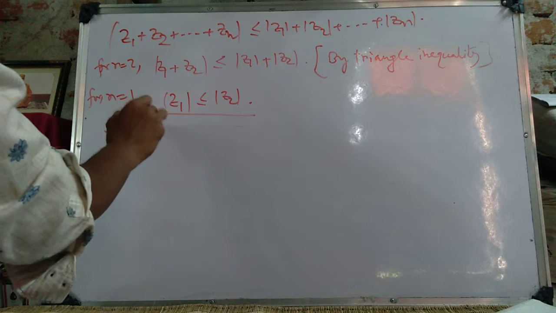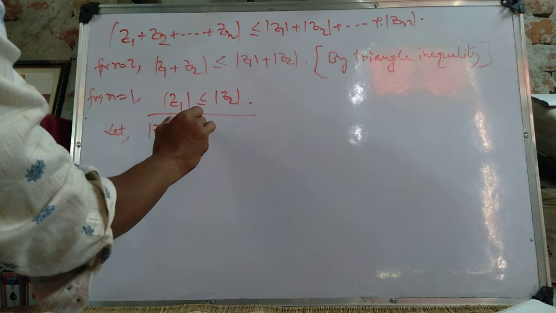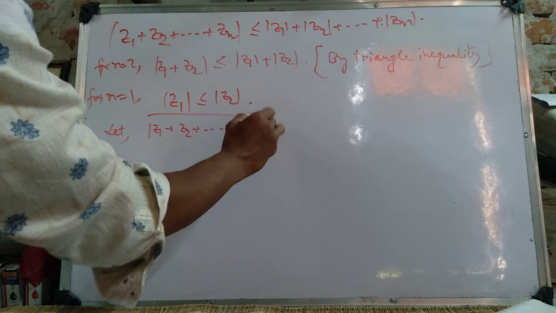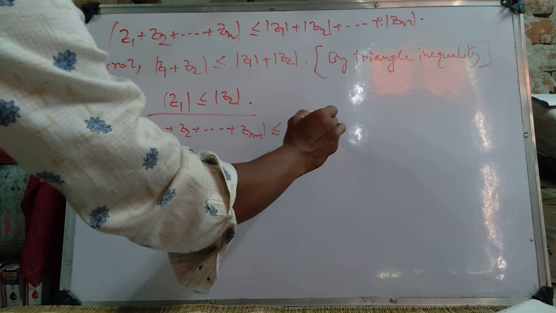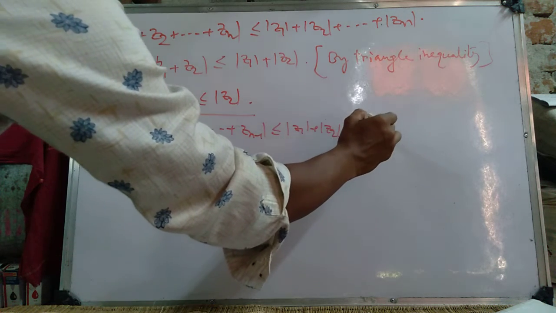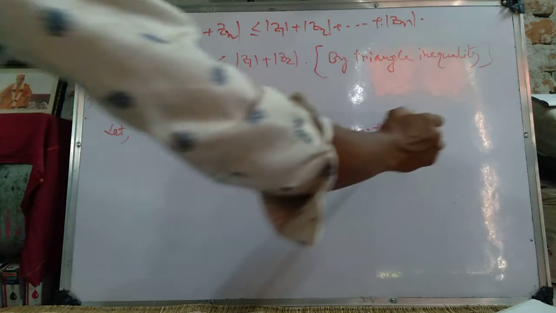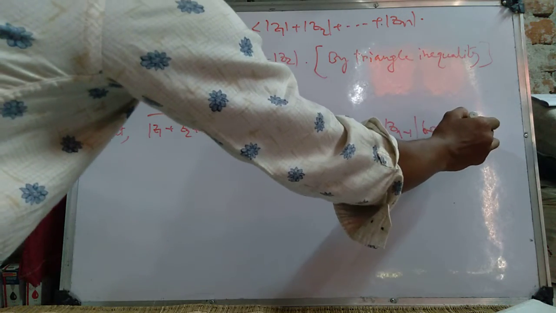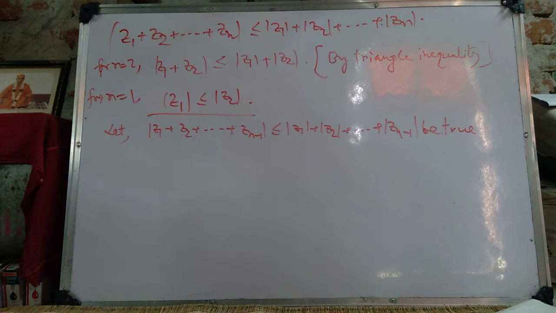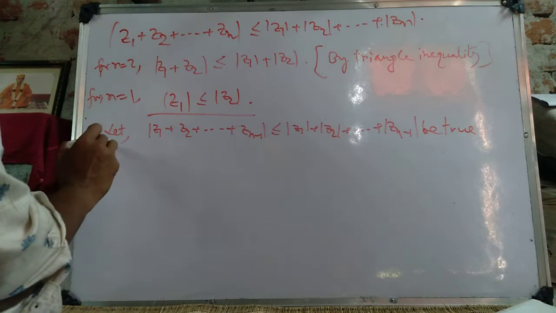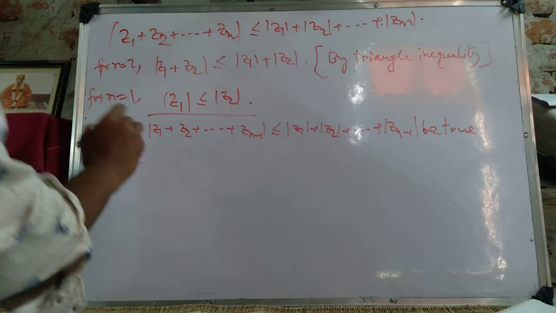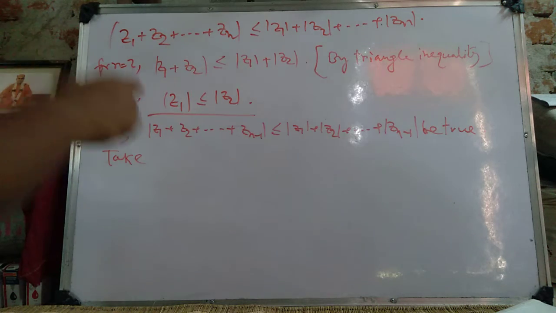Let |z1 + z2 + ... + z(n−1)| ≤ |z1| + |z2| + ... + |z(n−1)| be true. Then we take z1 + z2 + ... + z(n−1) + zn. We consider the first part a and the other b.